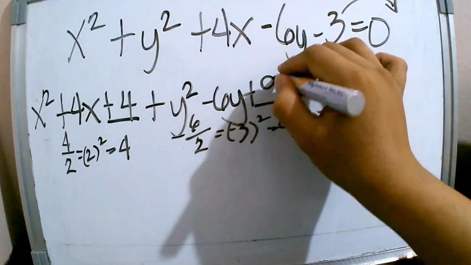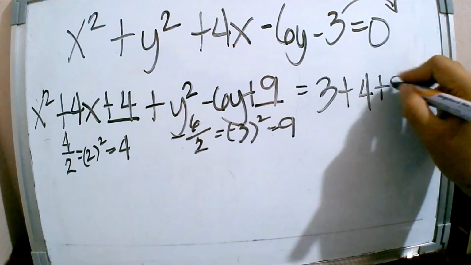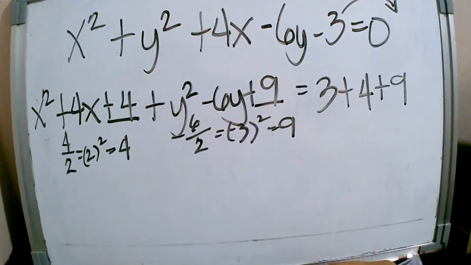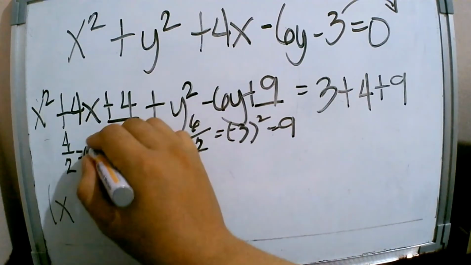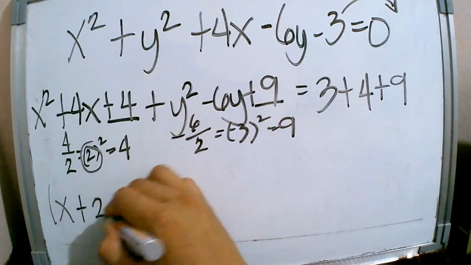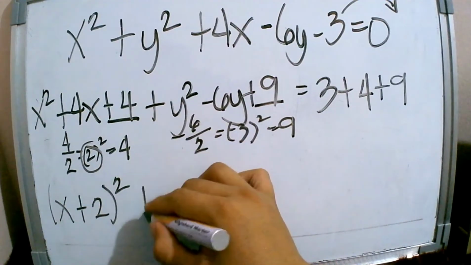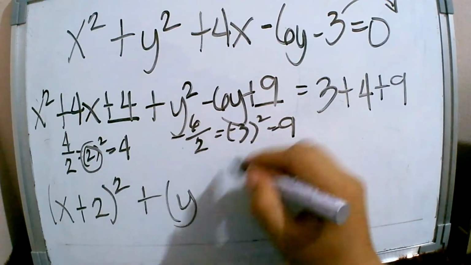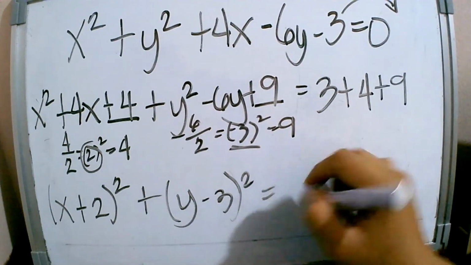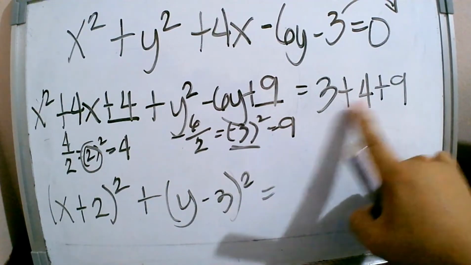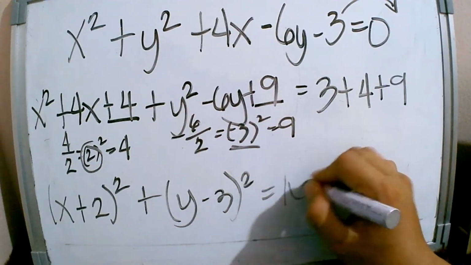Add positive 9 here, then add positive 9 on the other side. Okay, so we have x plus 2 squared plus y minus 3 squared is equal to, 7 plus 9 is 16.